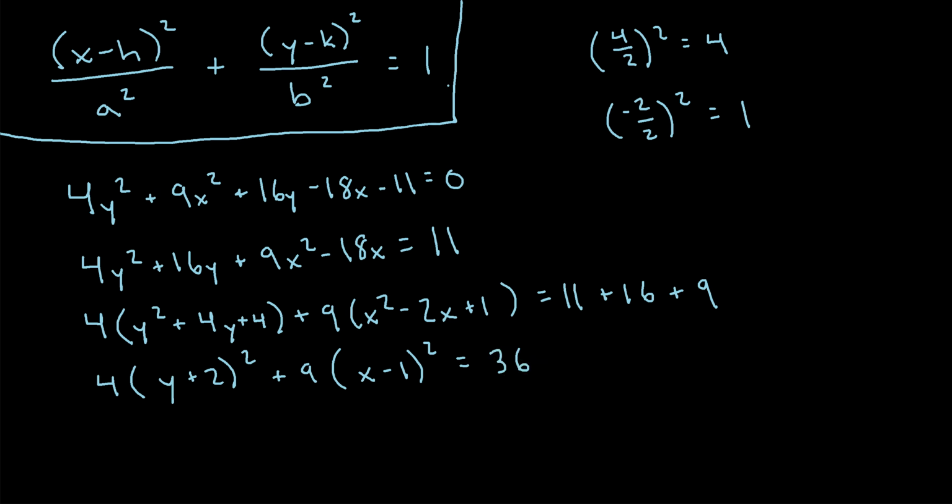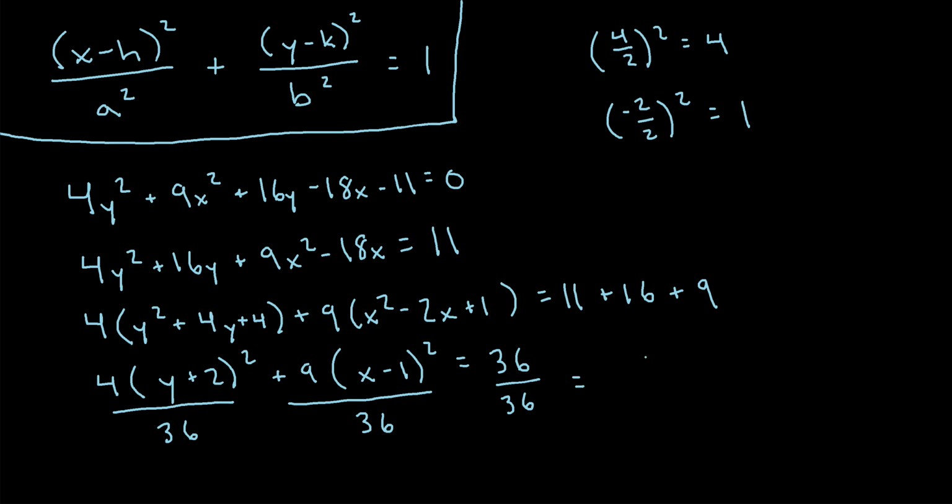So now notice on the right-hand side, we're trying to make it so that it's equal to 1. So how can we get it equal to 1? Well, we could just divide everything by 36, because 36 divided by 36 will be equal to 1. So let's divide everything by 36. So when we do that, in this y term, we'll get 4 divided by 36, or we could reduce that to 1/9.